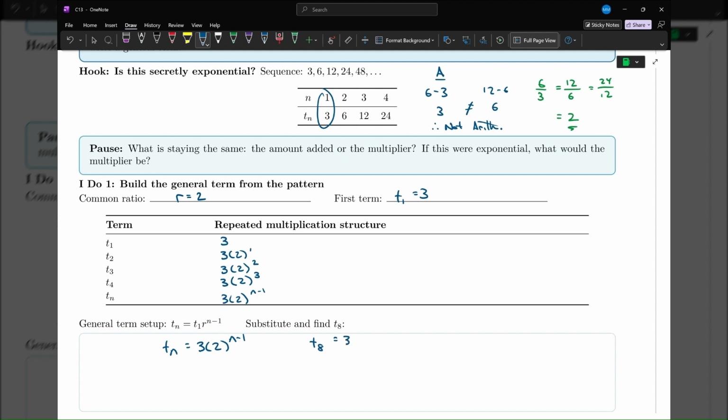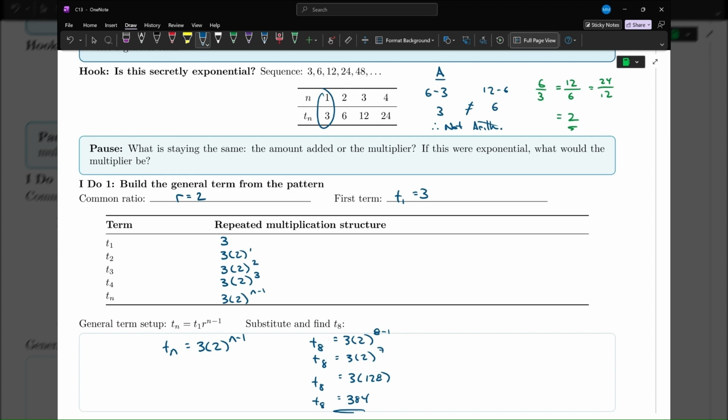That's 3 times 2 to the 8 minus 1, so T8 is 3 times 2 to the power of 7. 2 to the power of 7 is 128. So 3 times 128, which is 384. Done. That's it. So that is I do 1.